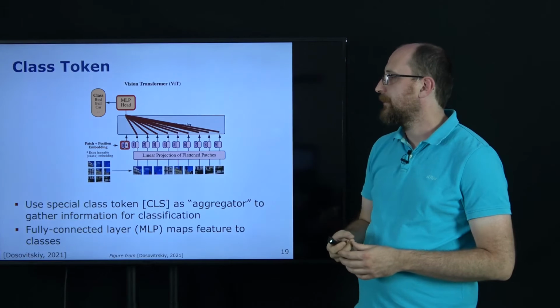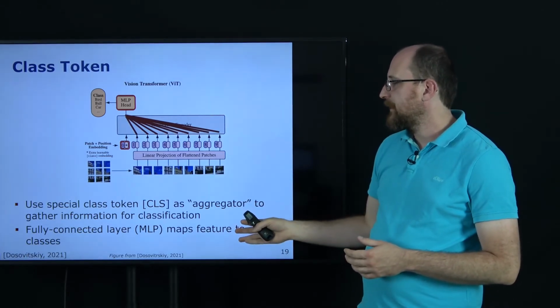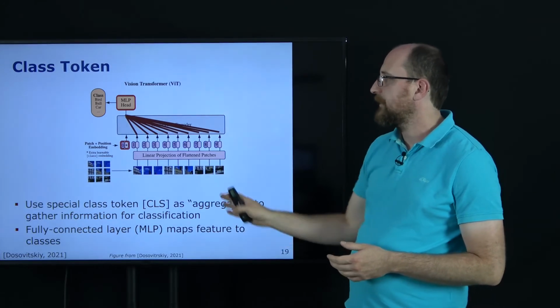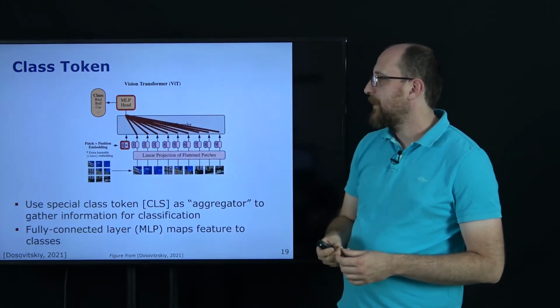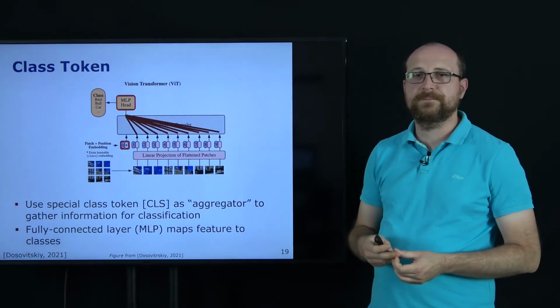The MLP in the end maps just the feature that we are getting out from the transformer encoders back to the classes that we are interested in.